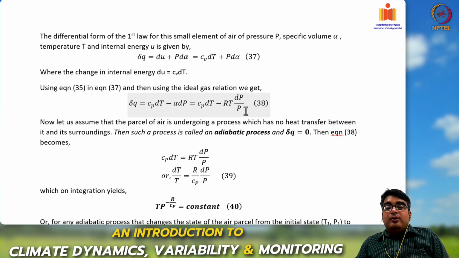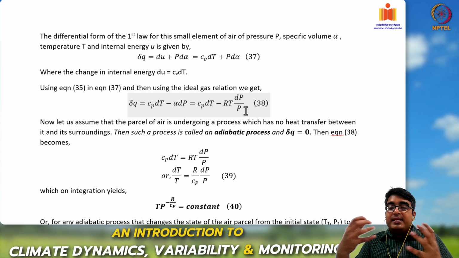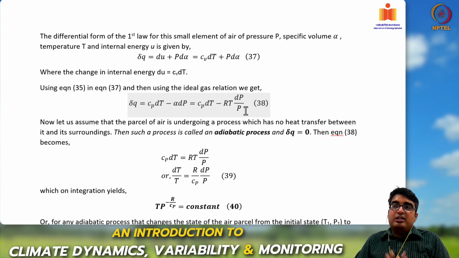Now we can go for a special case. Suppose this air parcel is experiencing a process where the heat transfer into or out of the system is 0, so delta Q is 0. Such a process is called an adiabatic process.